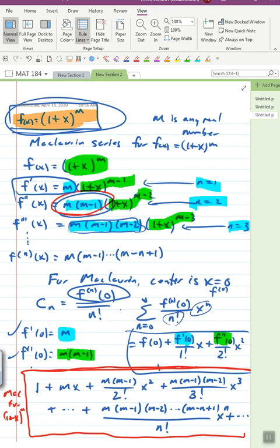Alright, now, we have a big question here, and this goes back to the stuff we've been talking about for the last couple of days. We just started with a function. We generated, let's say, the Taylor series, in this case the Maclaurin series.